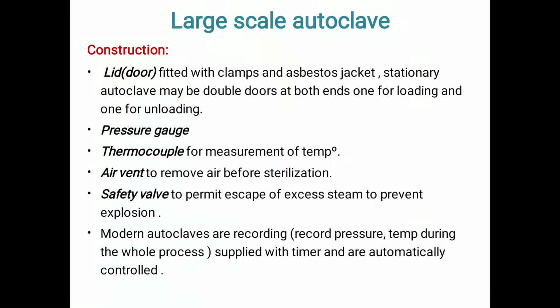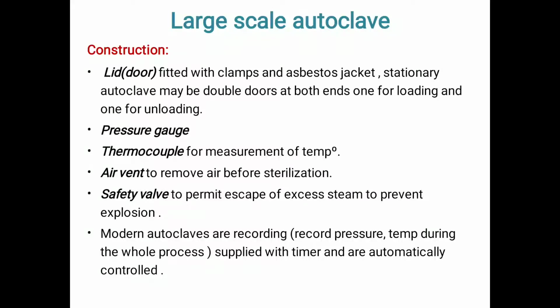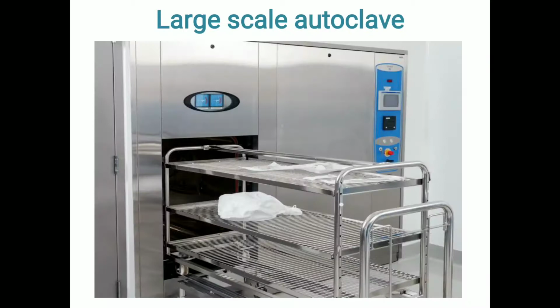Then modern autoclaves are recording pressure as well as temperature during the whole process. They are mainly supplied with a timer. They are automatically controlled. We only have to set the required temperature and pressure, load the materials which we want to sterilize, and switch on the equipment. Whatever glassware or materials are there, they are automatically sterilized.